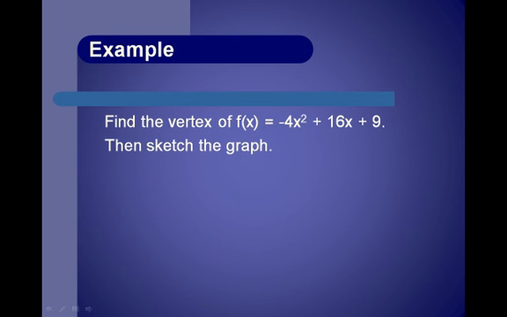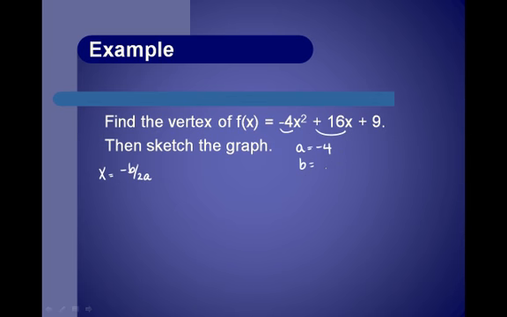Let's do another one. Find the vertex of the function f of x equals negative 4x squared plus 16x plus 9. Then we're going to sketch the graph. To find the vertex, we're going to use the formula negative b over 2a for x. Well, let's go back to our problem. A is negative 4 because it's the number in front of the x squared term.